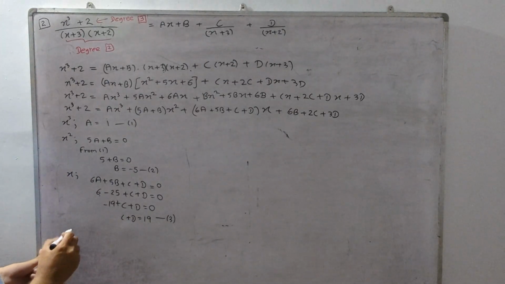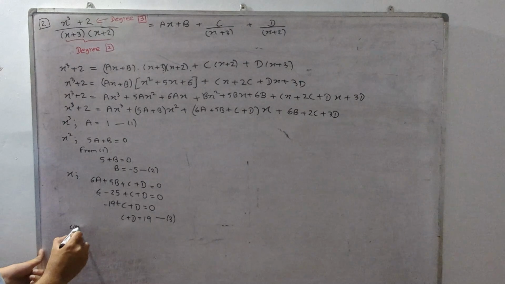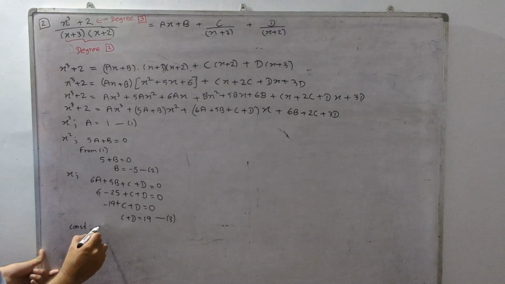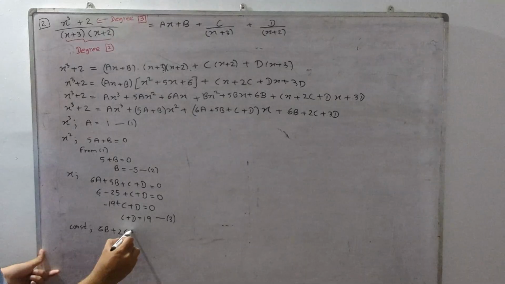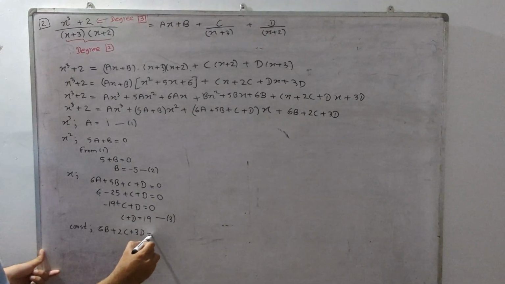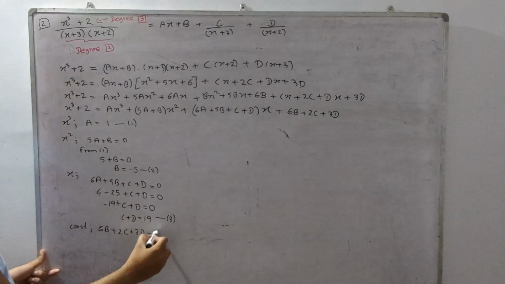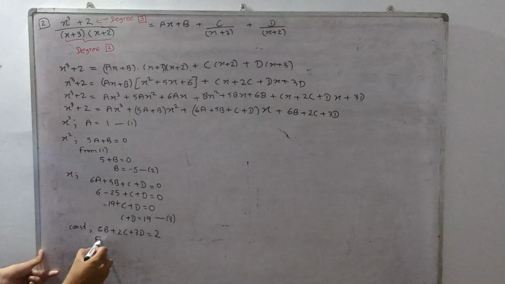When it comes to the constants, there are three terms: 6b plus 2c plus 3d equals 2.